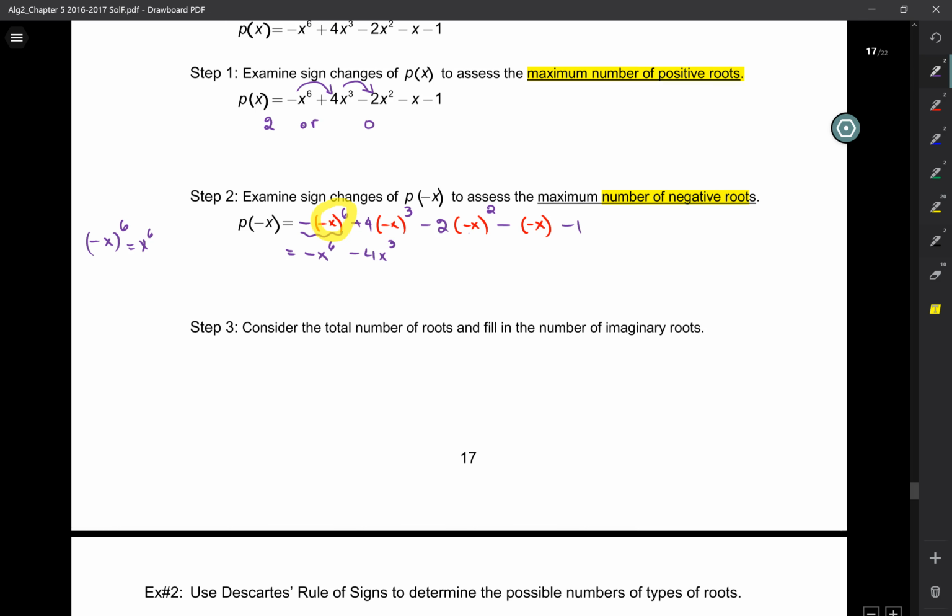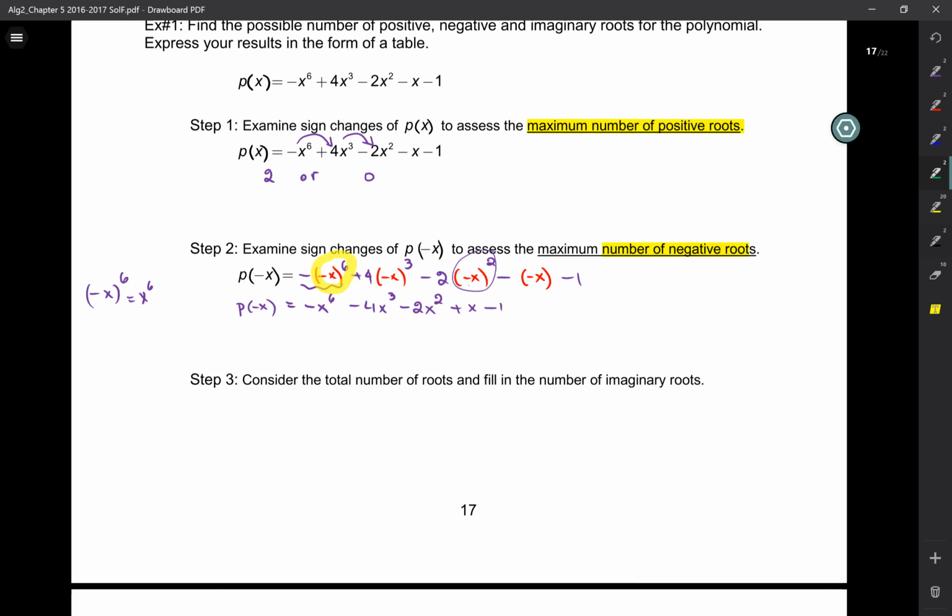In order to save us some time next time, let's compare this with the original. Look at the first term, negative x to the 6, negative x to the 6. Did anything change? No. 4x cubed, negative 4x cubed. Yes, that one changed.